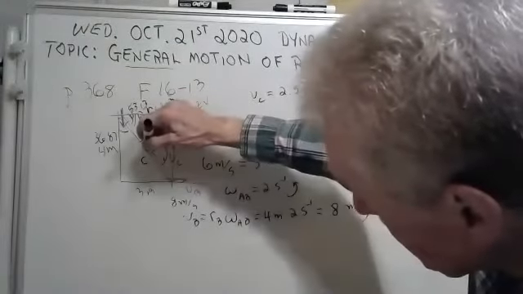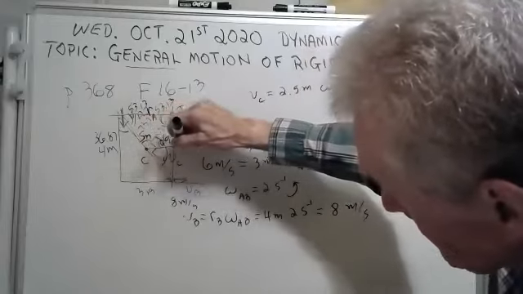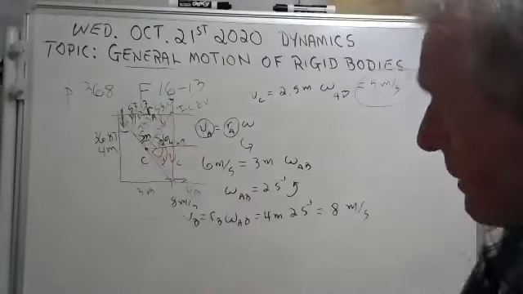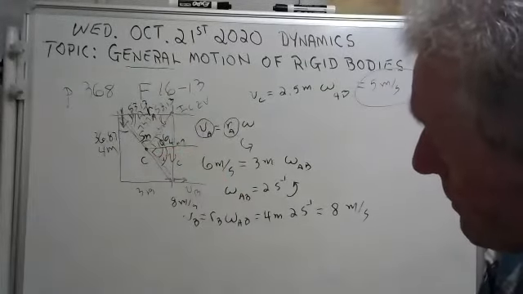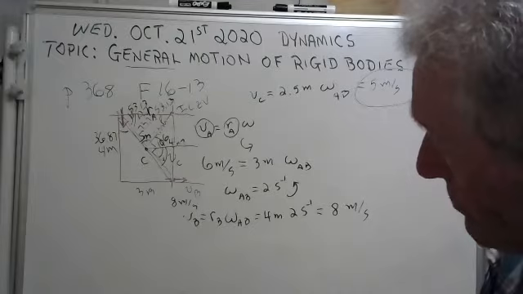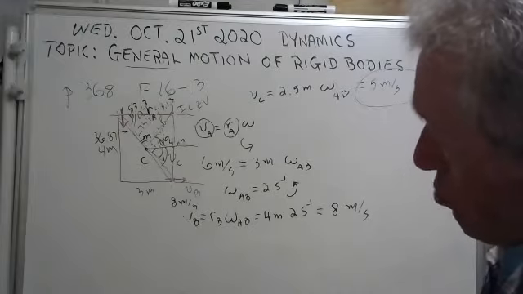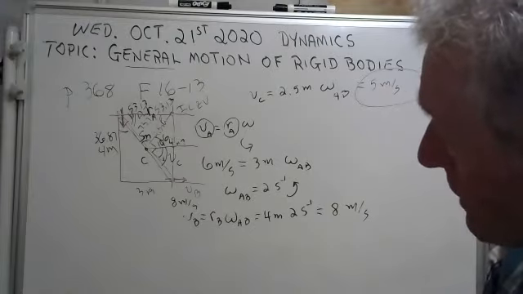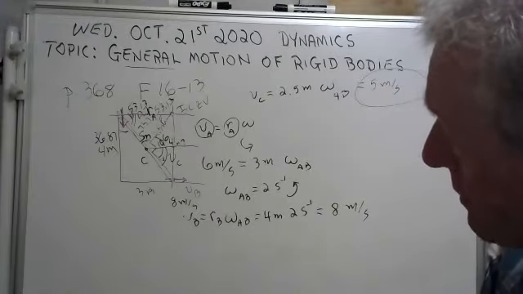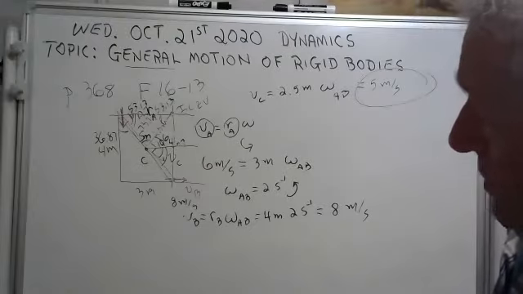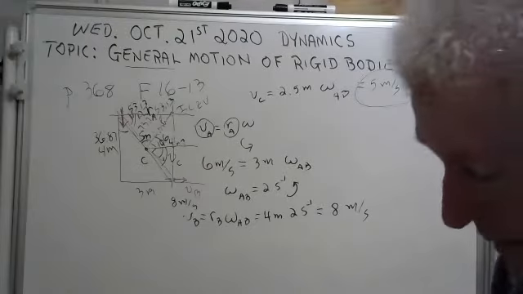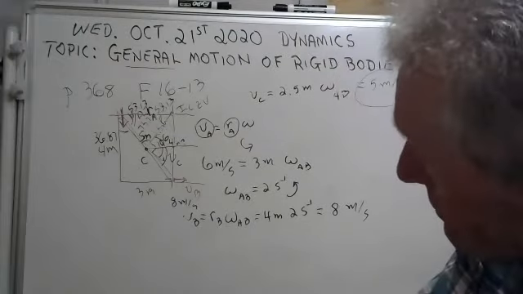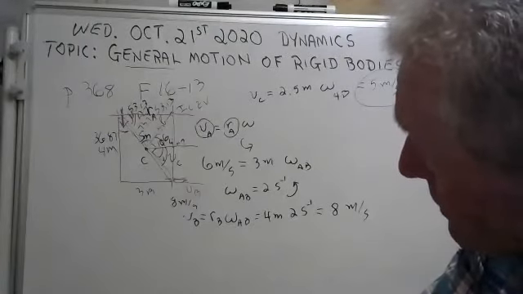Here's what they're saying. They're saying that this angle here is 36.9 degrees. Gee, I don't know if that's right or not. I kind of got messed up because it's too messy for me to figure out. But I think we're okay on that. What do they mean 36.9 degrees?